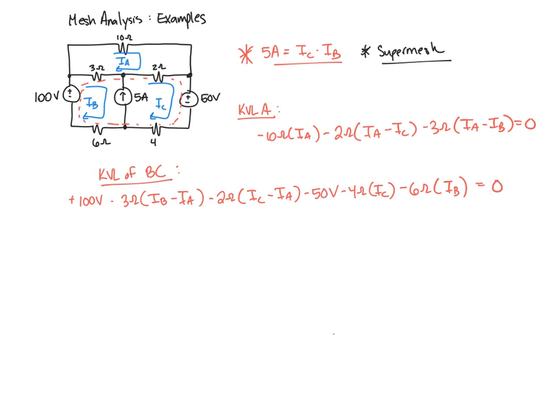So in looking at this now, we have unknowns IA, IB, and IC, 3 unknowns, and we have 3 expressions. 2 of them are KVLs, A and KVL BC, and the third expression is defining our supermesh constraint between B and C.